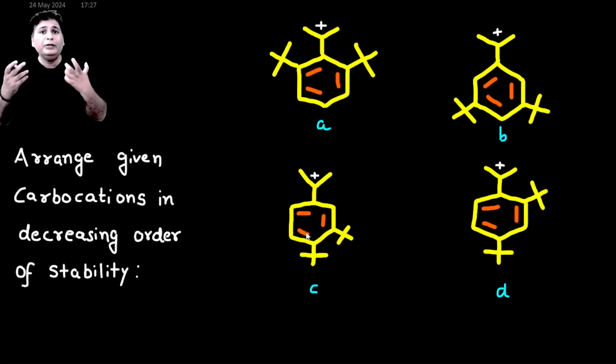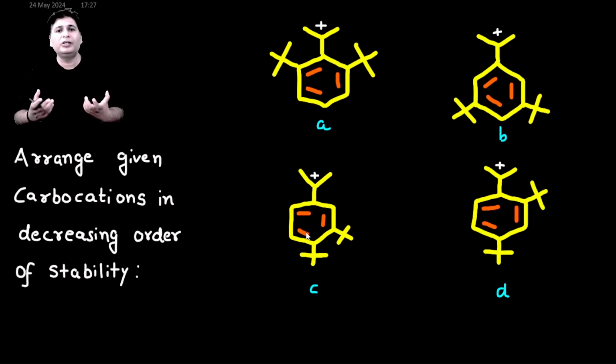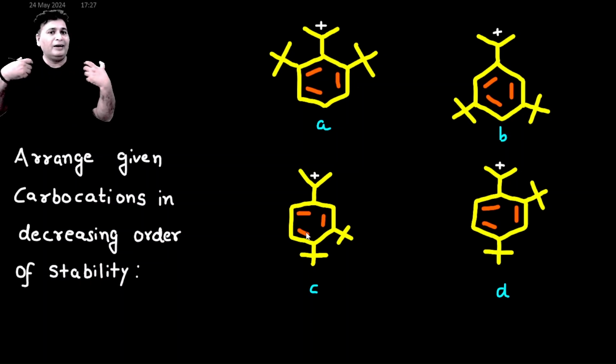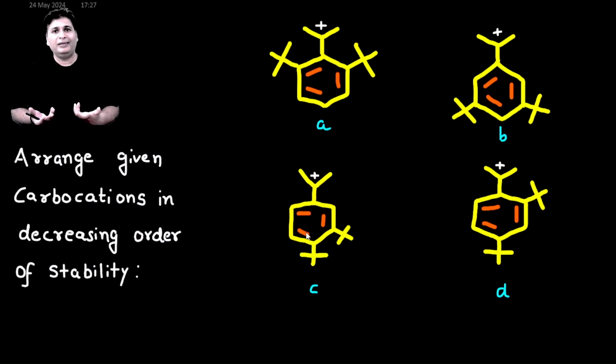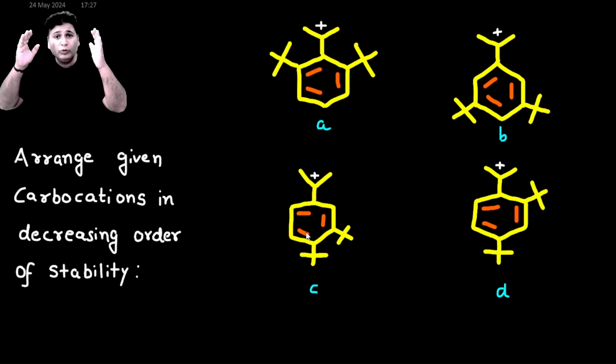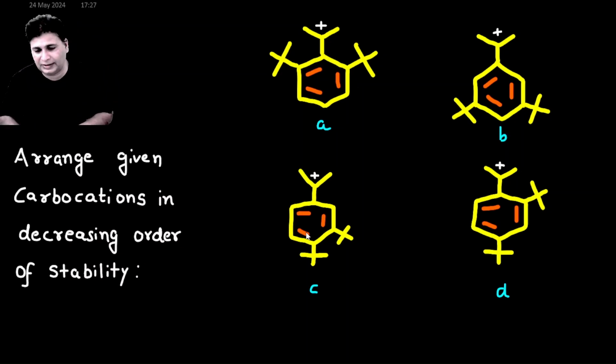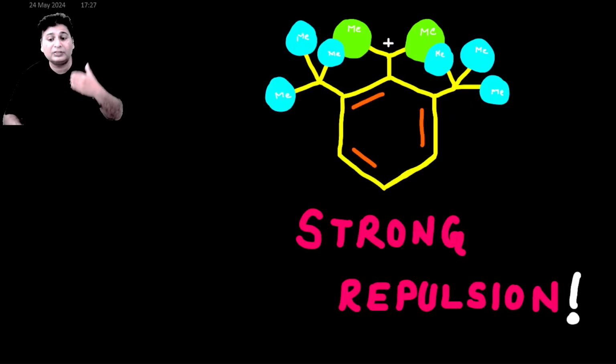So how to reduce that burden is by spreading the charge, by dispersal of charge, by resonance effect, by inductive effect. So many effects we have studied, and we will try to include those things. Now let us try carbocation number A, and from there we will come up with a certain situation.